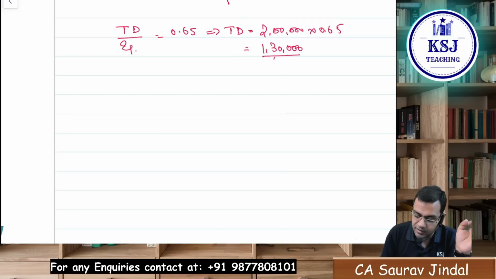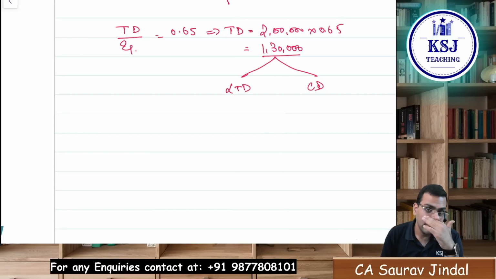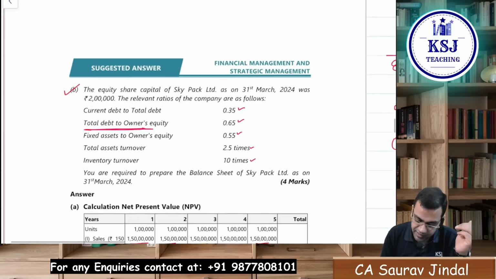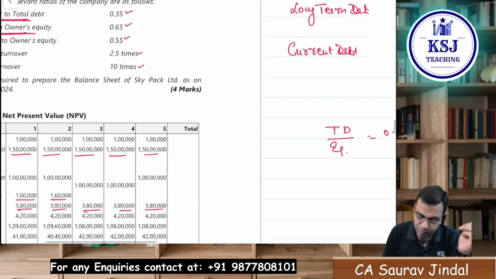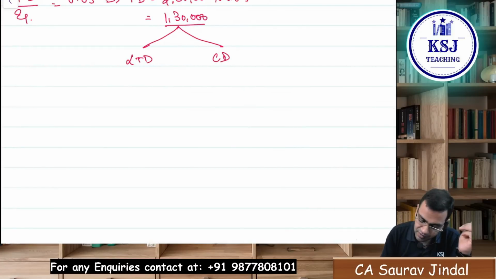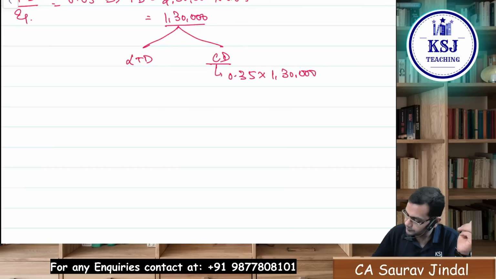Now total debt is what? This 1,30,000 will have long-term debt and current debt. Now how can we bifurcate? See here, current debt to total debt is 0.35. Current debt is 0.35 of total debt. Total debt is 1,30,000, so current debt is 45,500. Right?